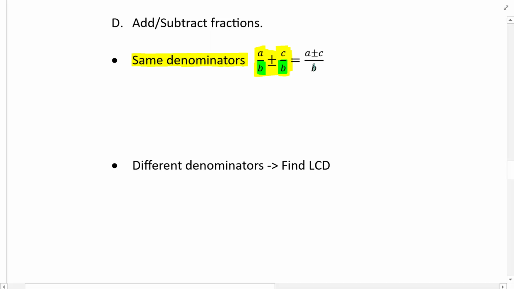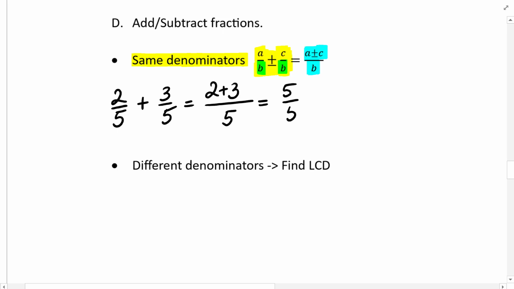Well, when that happens, we copy the denominator and we add or subtract the numerators. So for example, 2 over 5 plus 3 over 5, we copy the common denominator, and then we add the numerators, 2 plus 3. So we get 5 over 5, which can be simplified further, and we get 1.